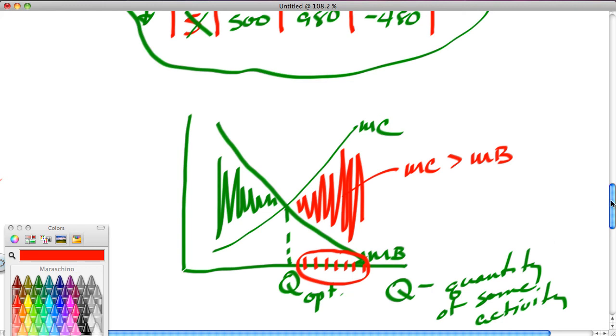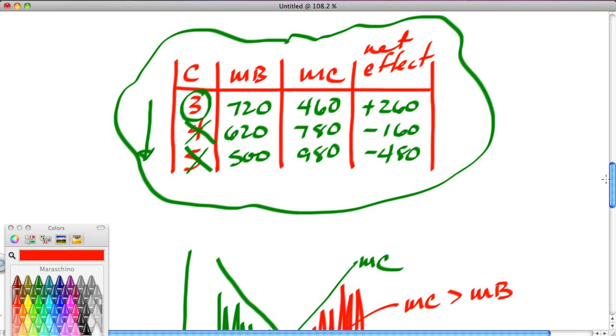So the buyer discovered this. It doesn't pay to buy the 4th and 5th cups of coffee. Why? Because they cost the buyer more in utility than they benefit the buyer. We will see this principle later in our study of economics. We can see it in environmental economics. We can see it in production, whether the firm should produce additional units or not.